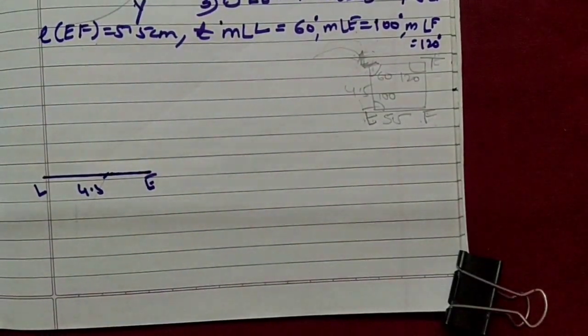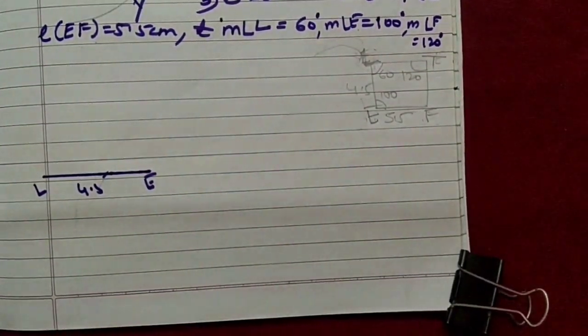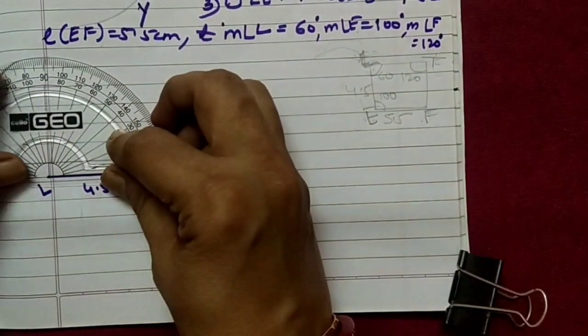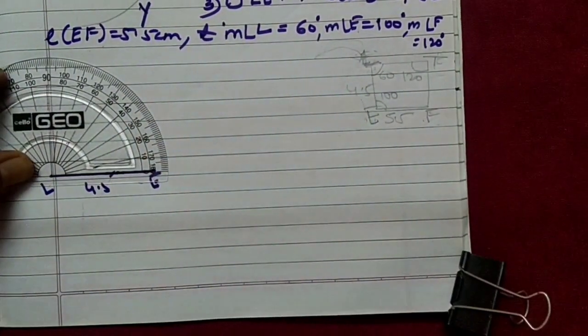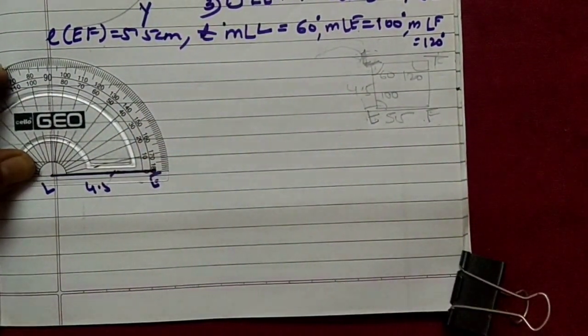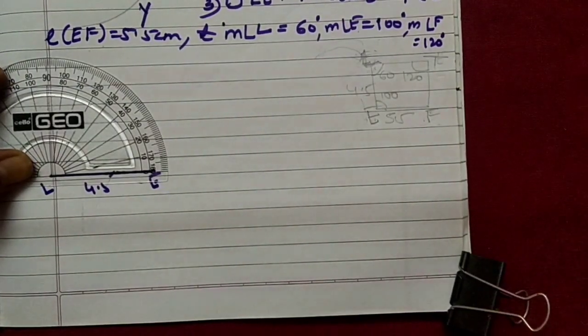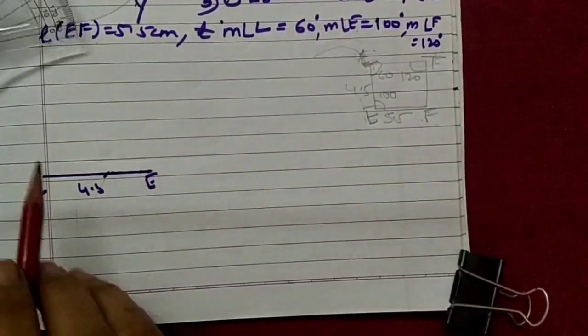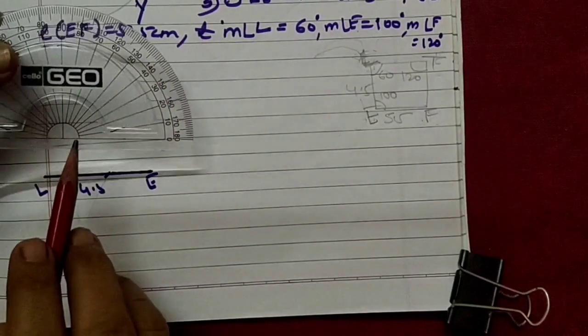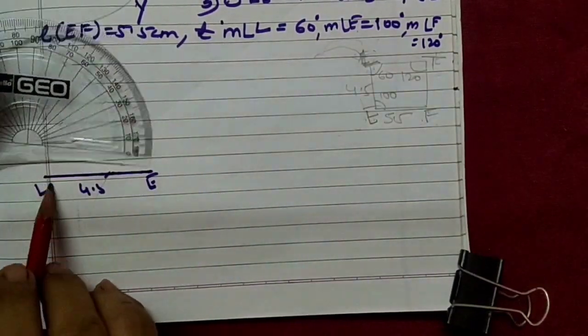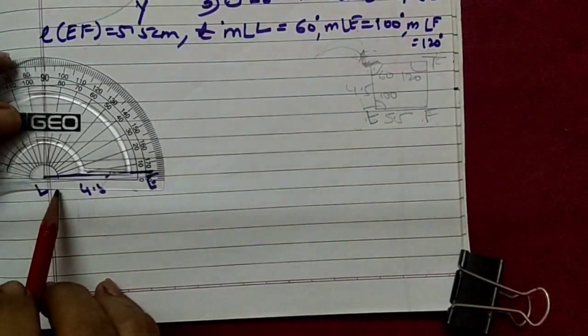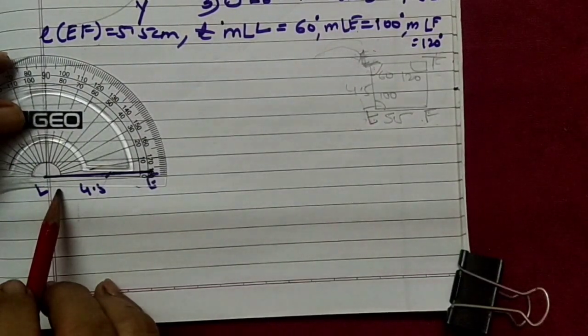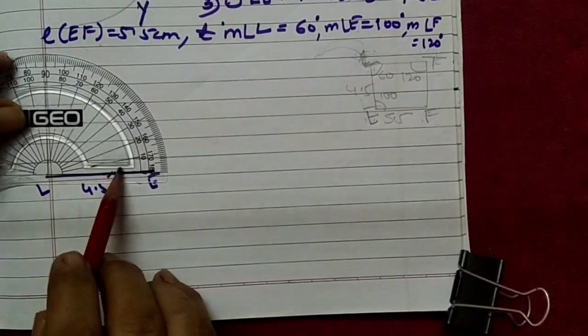So I will remove my rounder. I want to measure an angle of 60. Yesterday I told you how to measure the angle. I am putting my protractor at this point over here and I will measure my angle. See, it should coincide.